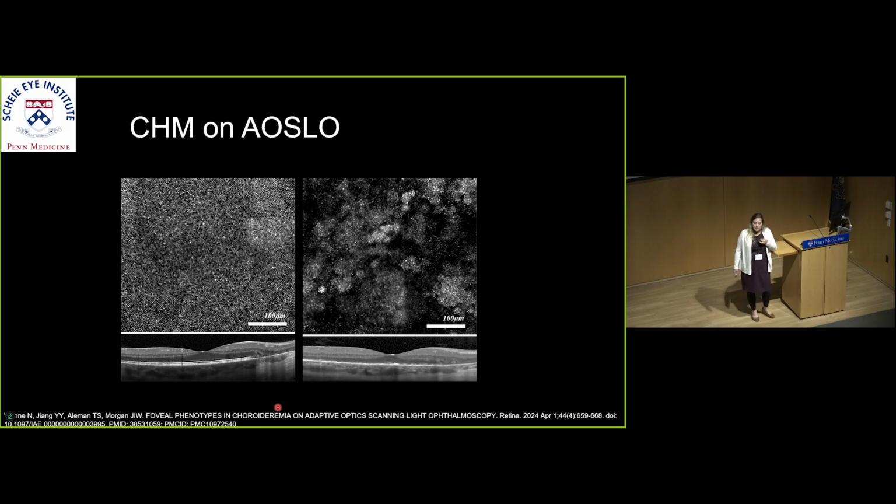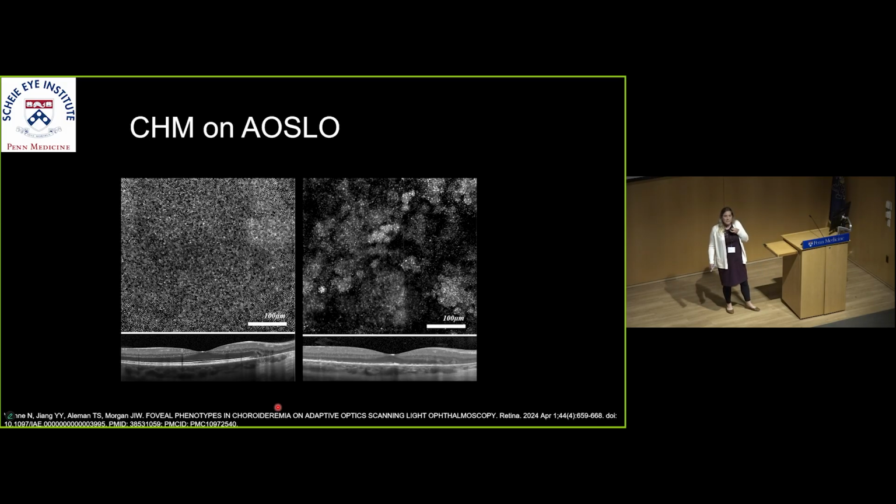Shown on the left is a normal adaptive optics fovea, whereas on the right is a patient with choroideremia. Many of these patients show what we call a salt and pepper phenotype, with pockets of hyper- or hypo-reflective photoreceptors. And we believe that these different phenotypes show increasing severities of choroideremia.